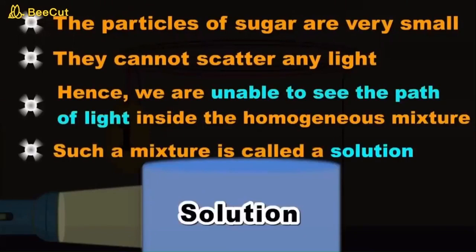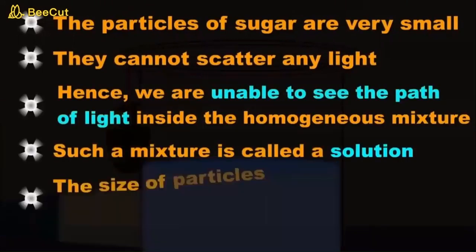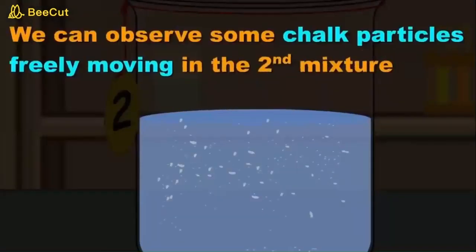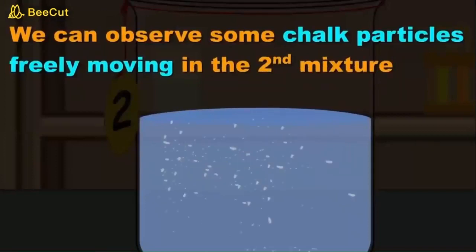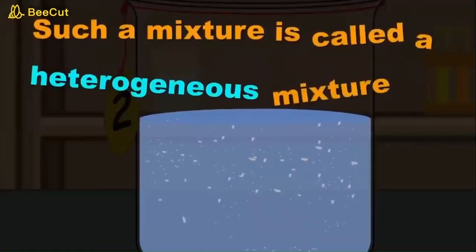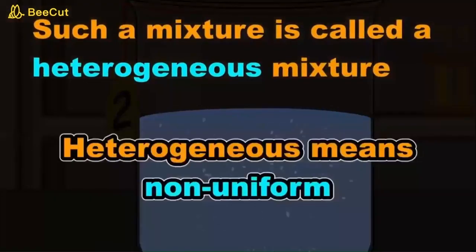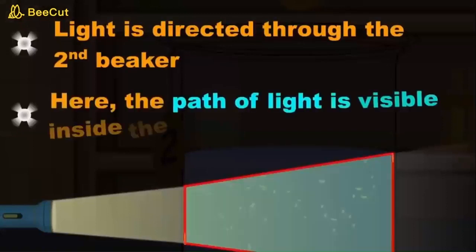Then another thing is, where is the path of the light? It is not visible. Let us watch what is happening with the second beaker, in which particles of chalk paste can be easily seen with the naked eyes. Since these are insoluble, this is called a heterogeneous mixture.